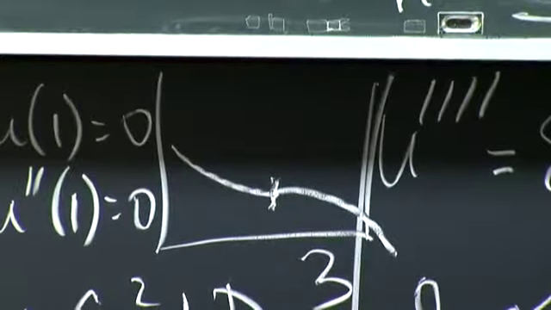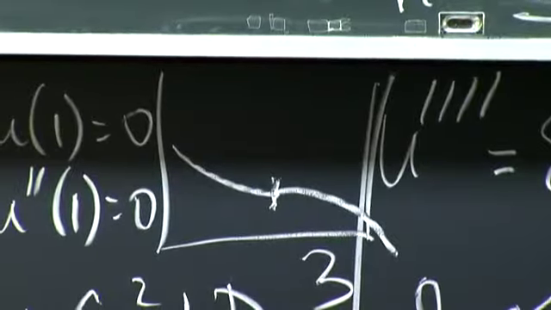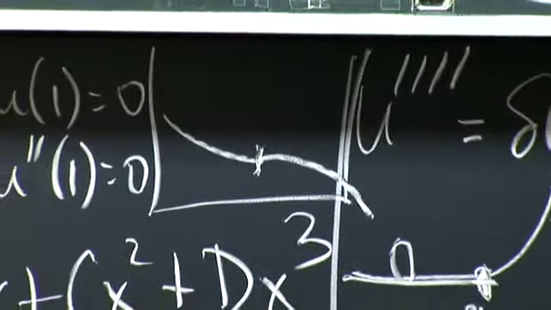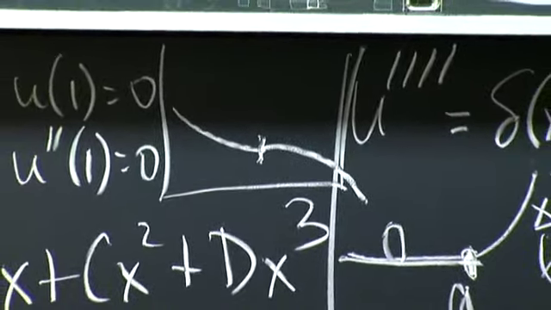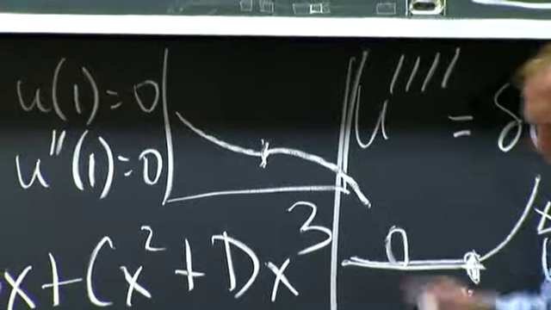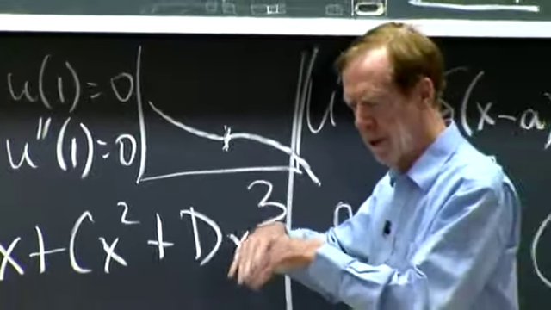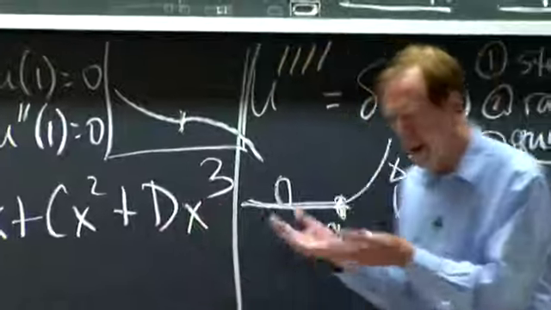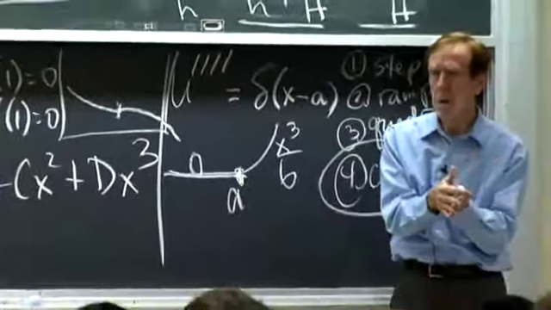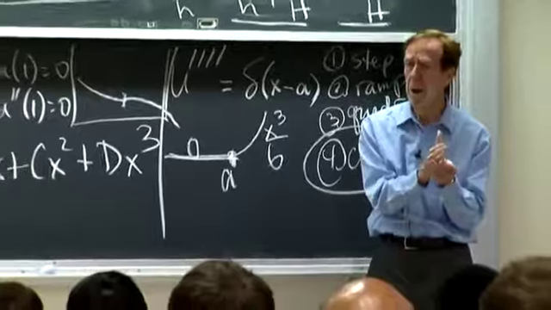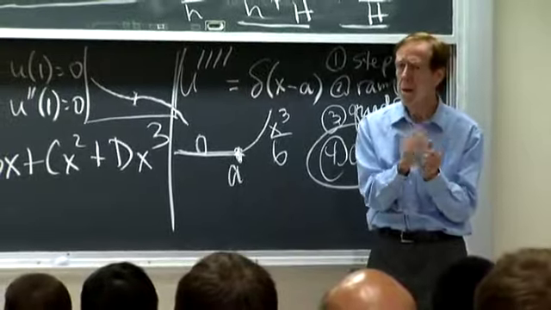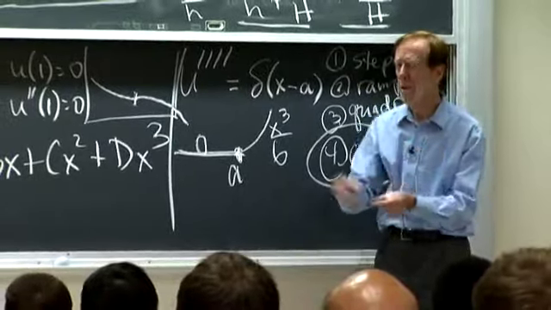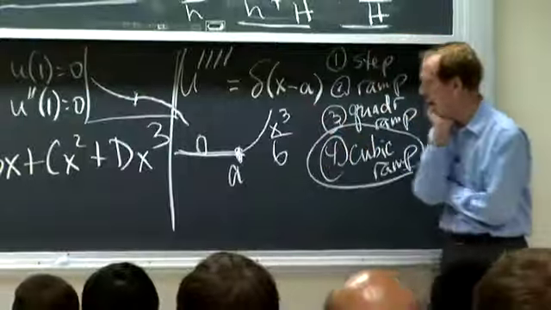And to the right of it, I've got some other curve, whatever it is. And what's cooking at point A? What's the jump condition at point A? That's the critical question. What changes at point A? You remember, this is the corresponding thing, the analog of our ramp. So what changed for the ramp at point A? What jumped? The slope. Okay, now the question is, what's going to jump here?